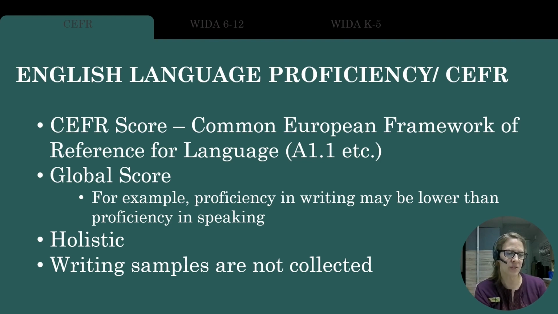Keep in mind that this score is a global score, meaning that this is an overall composite score, which includes what we observe in the areas of speaking, reading, listening, and vocabulary usage. You may notice, for example, after further observation in the classroom, that a student's proficiency in writing or reading may be much lower than their proficiency in speaking.